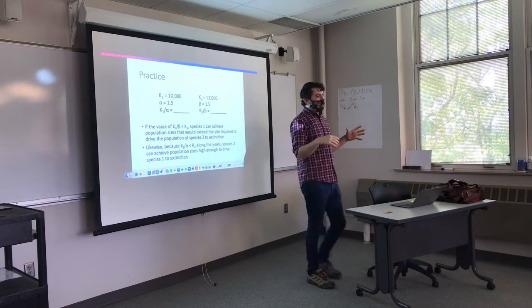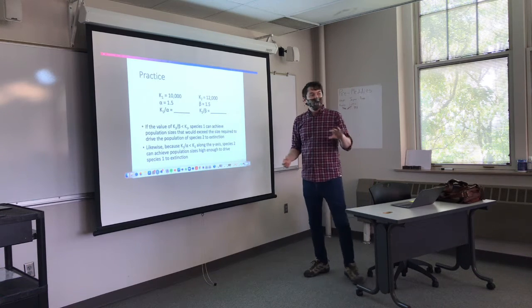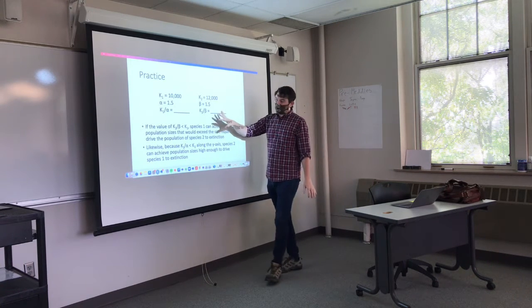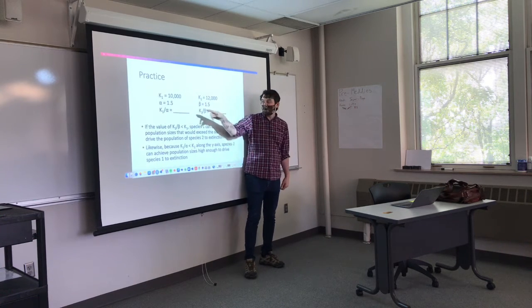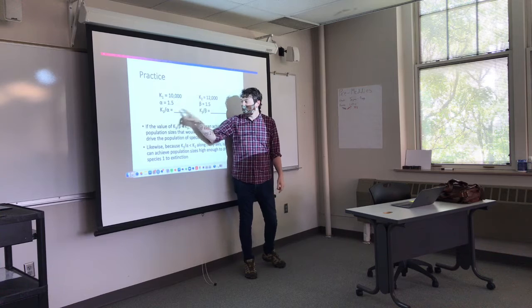super intuitive. So since we're all here together, let's do that same exercise, but I'm going to increase the strength of the effect of each species on the other. So now we've got these really large values. So what do you get for these two values?